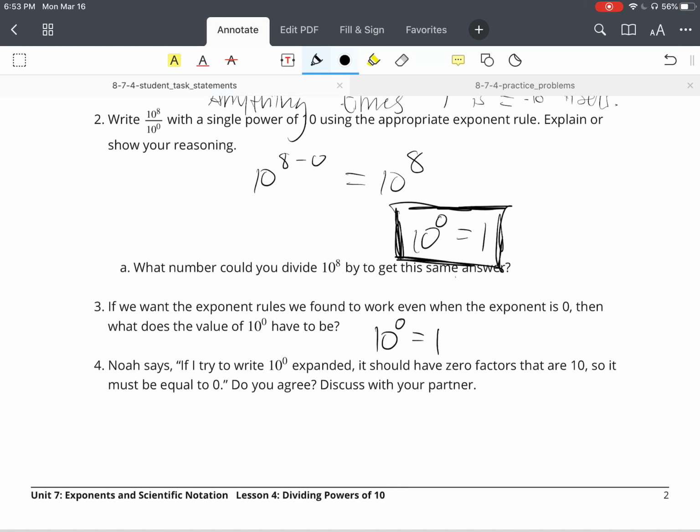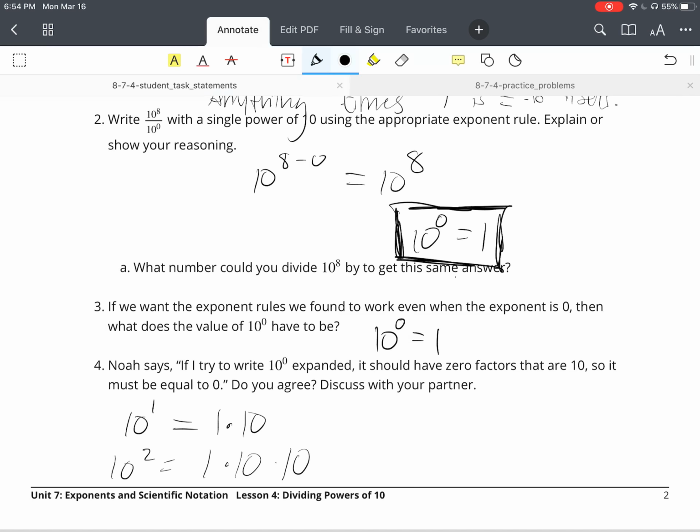Noah says if I try to write 10 to the 0 expanded, it should have 0 factors that are 10, so it must be equal to 0. Do you agree? Discuss with your partner. I kind of do agree with the homie. But he's forgetting, for example, 10 to the first is 1 times 10. 10 squared is 1 times 10 times 10.